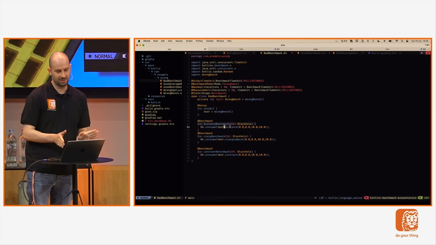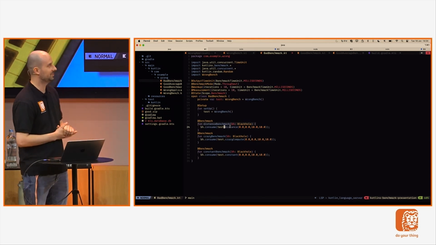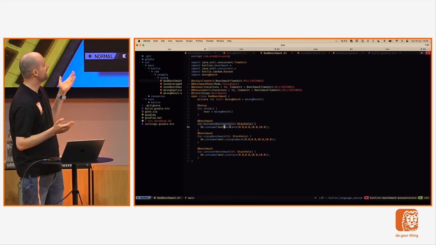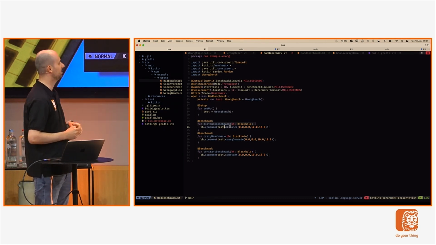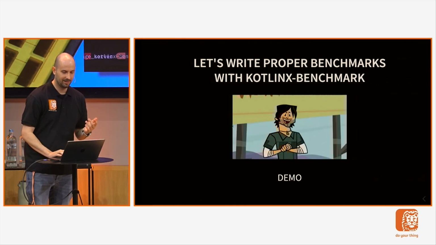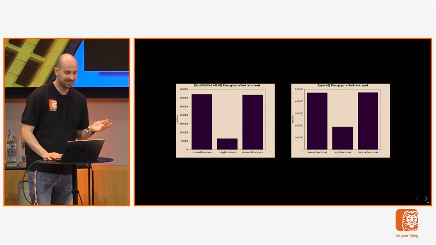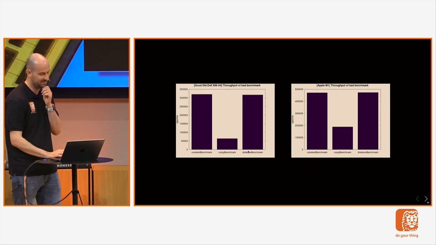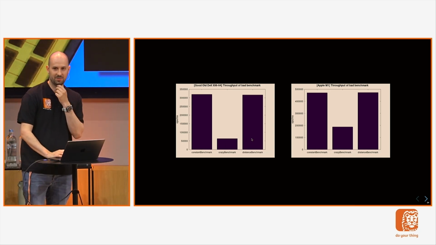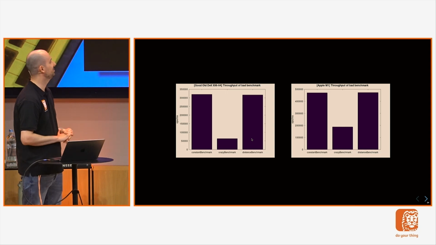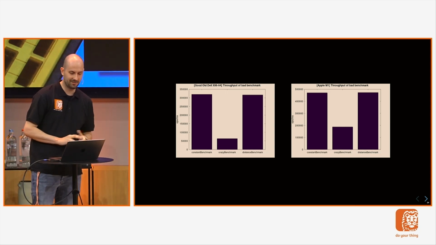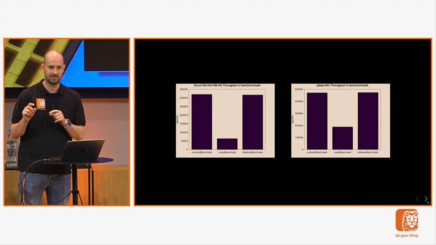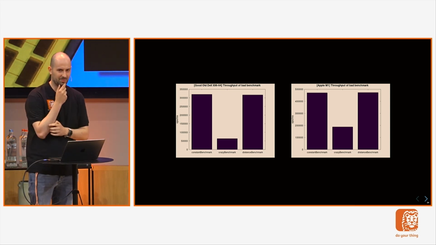There is an issue here with this code. I don't know if you notice what can be wrong, because it seems like it's right. Come on, we have arguments, we have a black hole that will consume results. Well, it is not. As you can see, the distance benchmark is totally optimized, and it is optimized during the runtime of the application. The crazy benchmark, even though it has those parameters that are the same, seems not to be optimized.